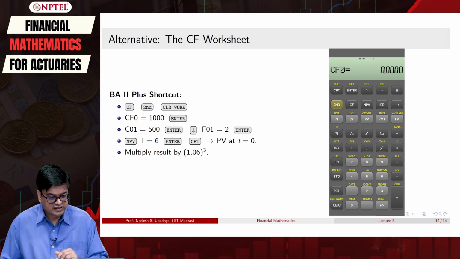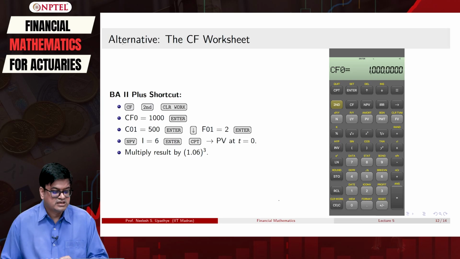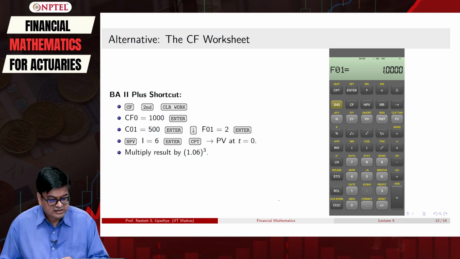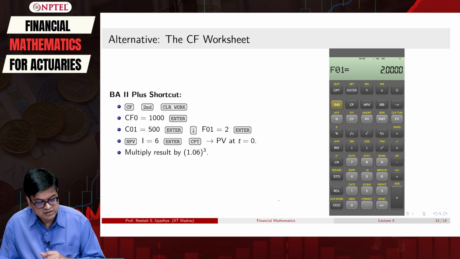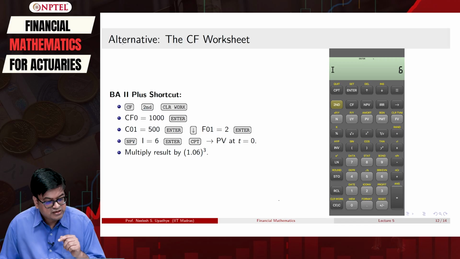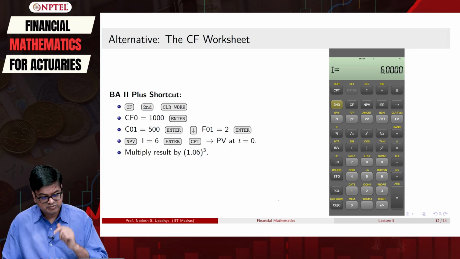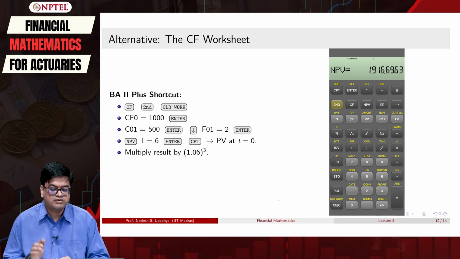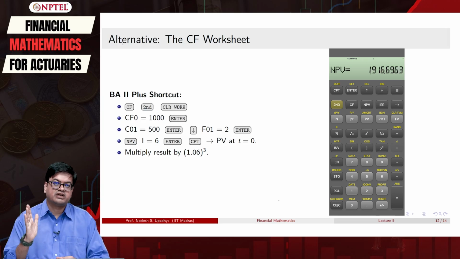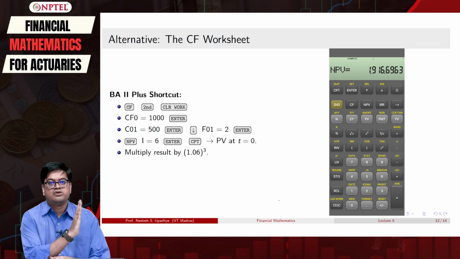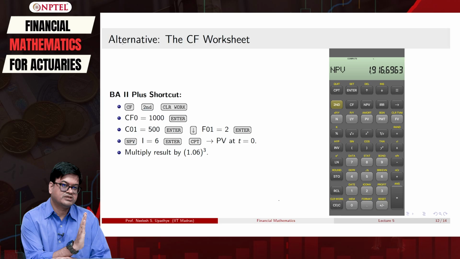Then in CF0 you enter 1000, in C01 you enter 500 and then enter, then F01 you enter 2, and then you press NPV, then you enter I equal to 6, press enter, CPT, and PV at t equal to 0 will be given, because this set of operations moves all the cash flows to time point 0.